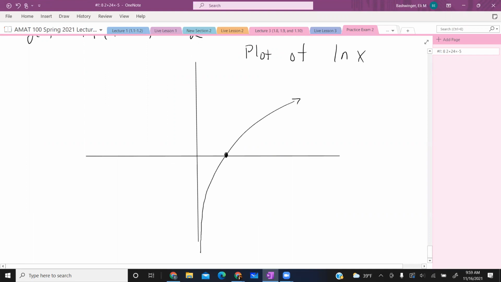And it crosses right here at 1, 0. And x equal to 0, that is the y-axis, is the vertical asymptote.